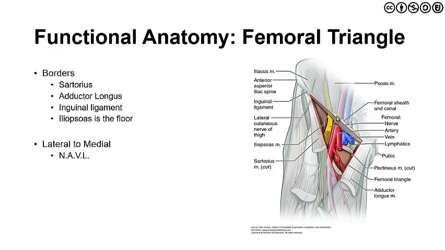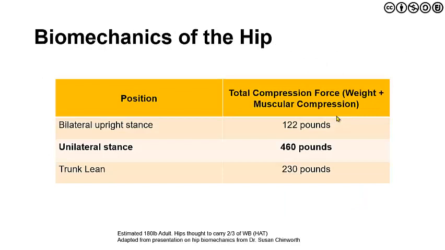Now, the biomechanics of the hip we've talked about momentarily. Again, if we're in bilateral upright stance, relatively low in terms of force, only about 122 pounds in an estimated 180-pound adult, right? The hips are thought to carry approximately 2/3 of the weight of the HAT, the head, arms, and trunk.